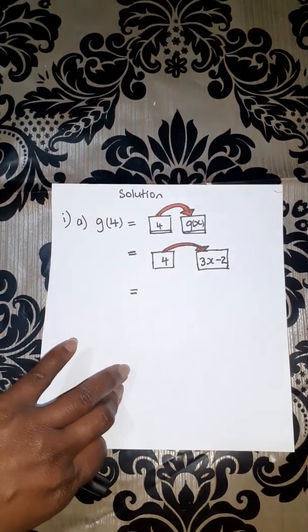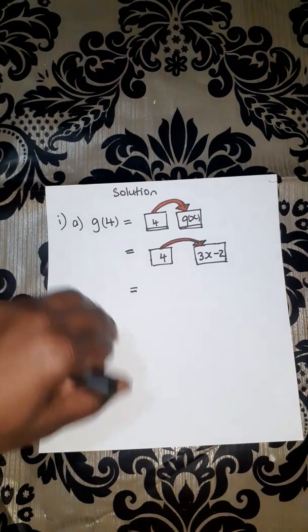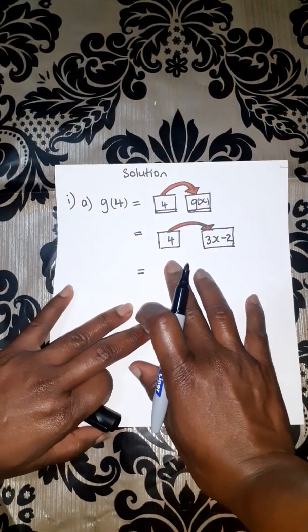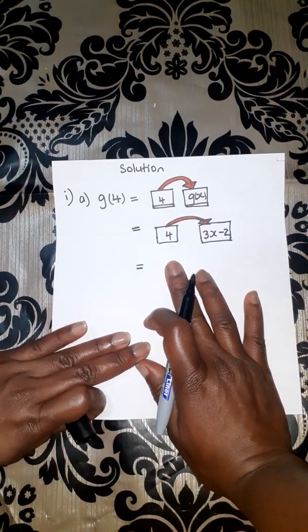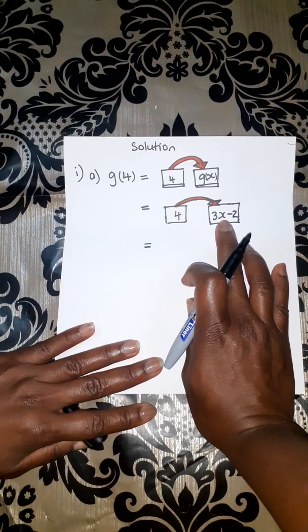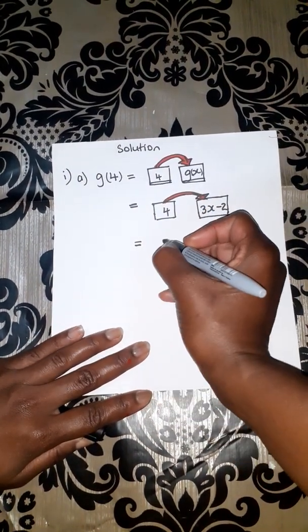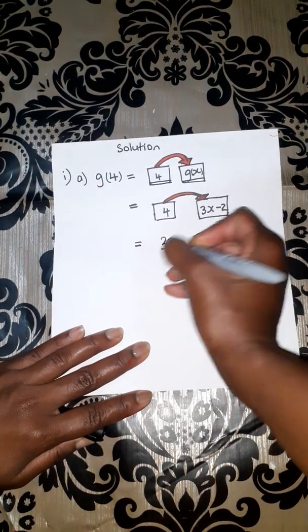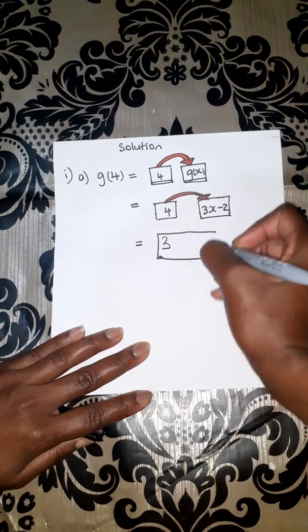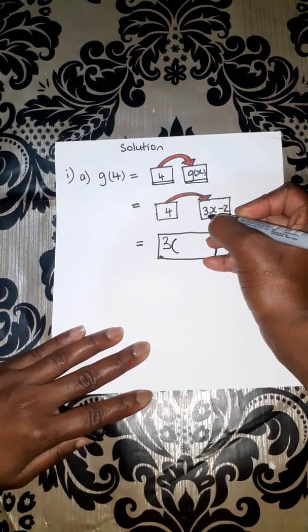Remember that the g function is 3x minus 2. Now I like to use the boxes because it makes things look a little easier to understand. So 4 goes into the function g of x, which is 3x minus 2. So wherever x is, we will put 4. So 3, remember, what operation is taking place here?